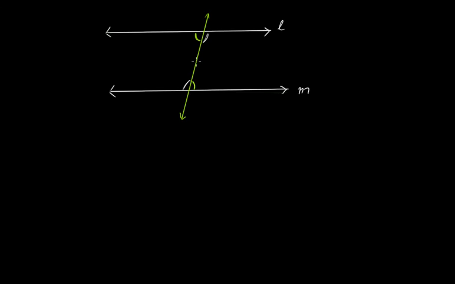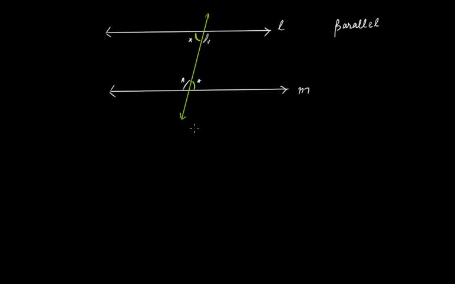If two lines are given, not given as parallel, and the transversal makes the alternate interior angles equal, that is, this one is equal to this one and this one is equal to this one, instantly think of parallel lines. That's a property. If a transversal makes alternate interior angles equal, it means that the lines the transversal is intersecting are actually parallel lines.